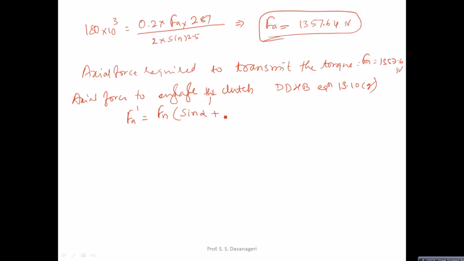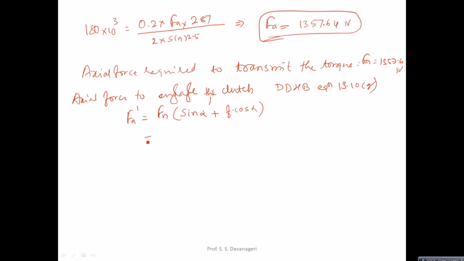There is an equation in the design data handbook for Fa dash, equation number 13.10G. Refer to the design data handbook, equation number 13.10G.